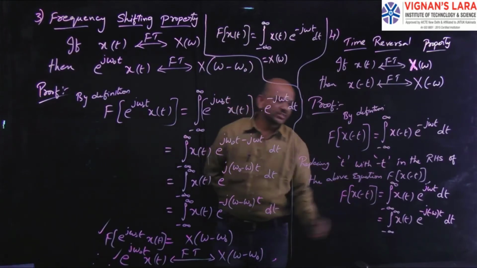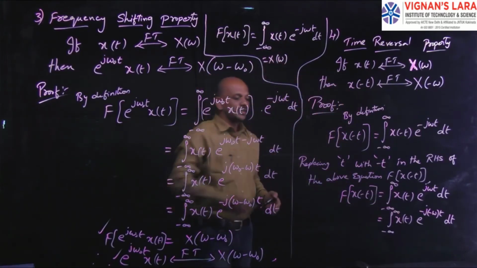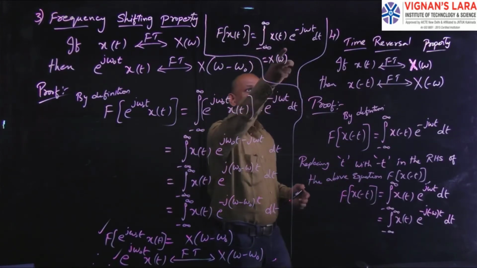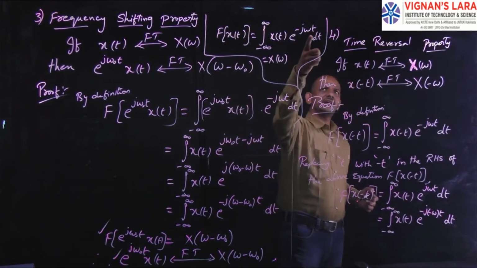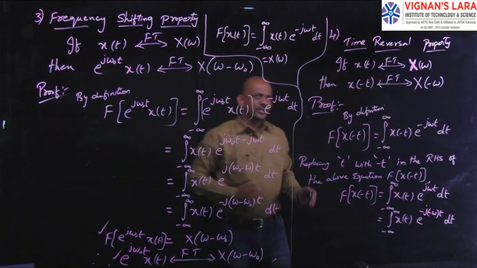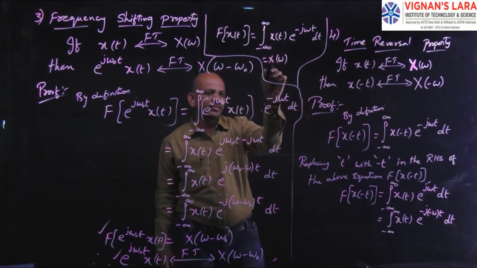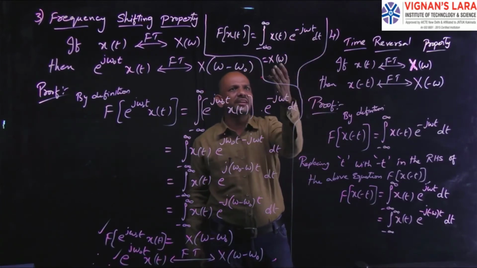Now we compare this with the standard formula: the integral from minus infinity of x of t e power minus j omega t dt. In place of omega I have minus omega, so both are the same. For this the value is X of omega, and here in this equation if I replace omega with minus omega, the answer will be X of minus omega.